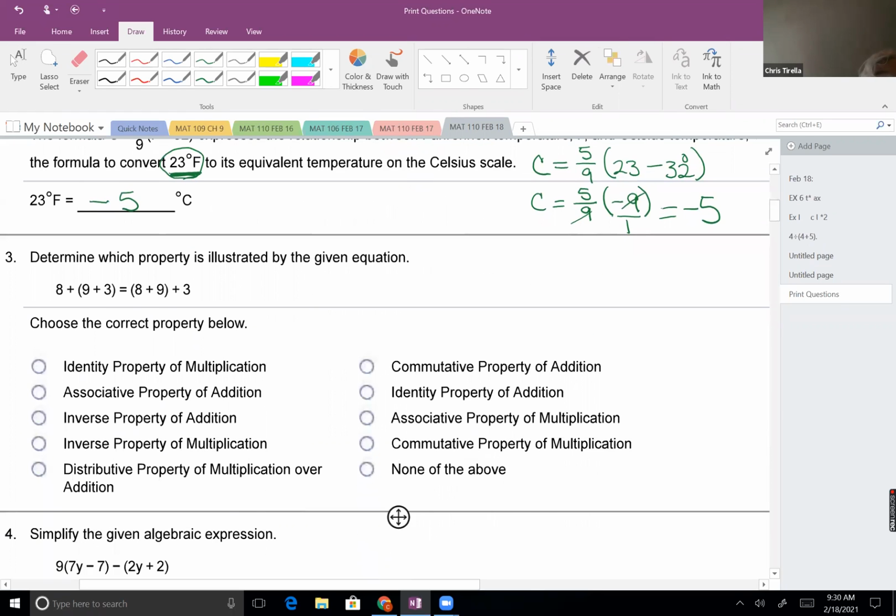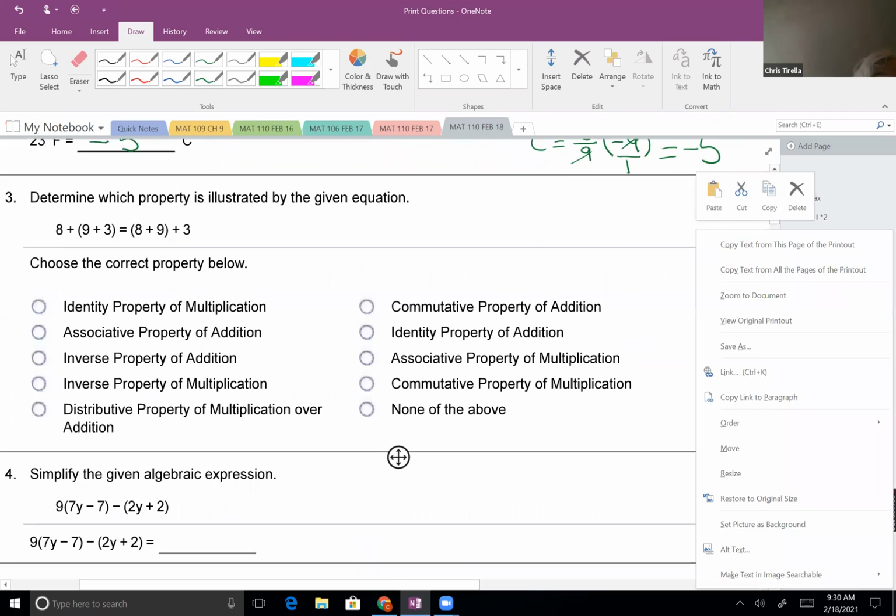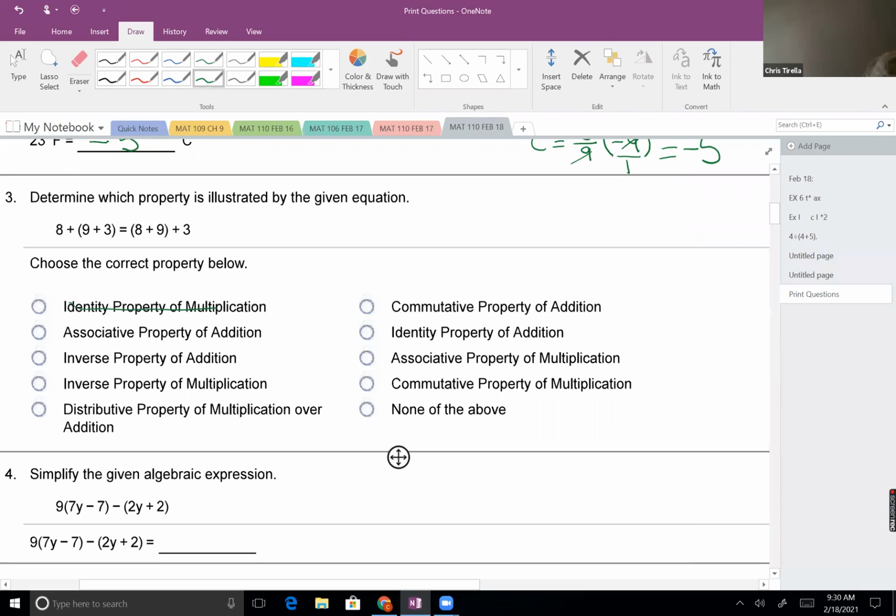Then you have to recognize your properties. So let's see, as I look at 8 plus parentheses 9 plus 3 equals parentheses 8 plus 9 plus 3. I guess we could approach this through a process of elimination. It's all addition. So I think we're going to knock out these properties of multiplication. Now, let's see. The associative property of addition says how things group together.